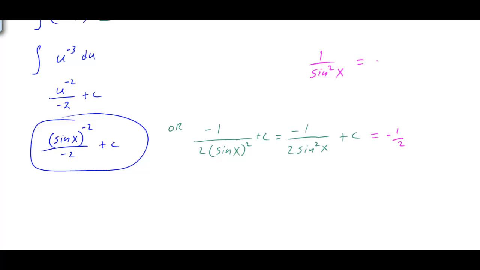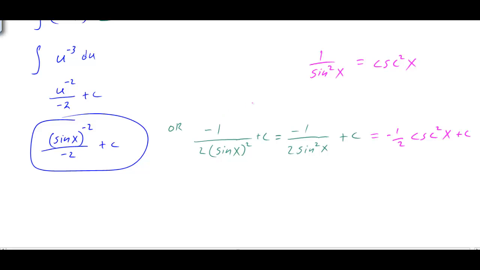Wouldn't that be the same thing as cosecant squared x? So it's possible you could even see the answer written as negative 1/2 cosecant squared x plus c, because remember 1 over sine is equal to cosecant.